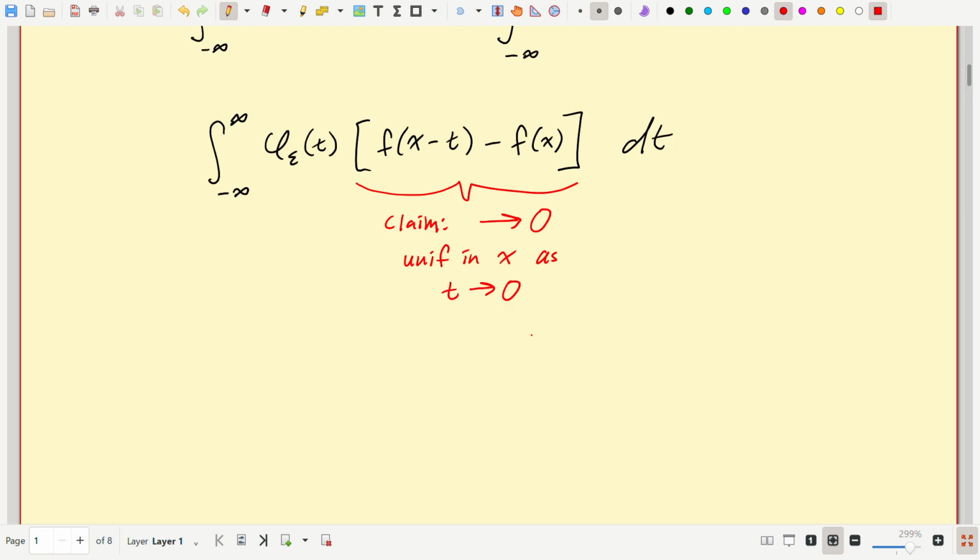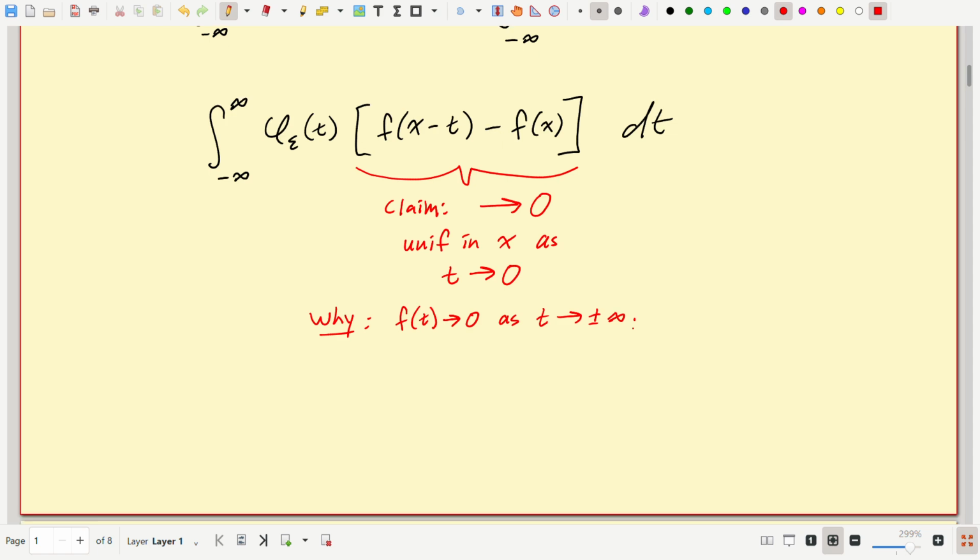Let's say f of t goes to 0 very rapidly as t goes to plus or minus infinity, so I can make both of those less than epsilon over 2, uniformly in x.